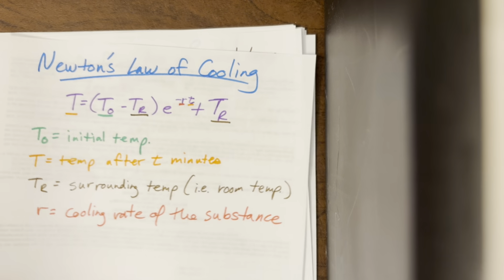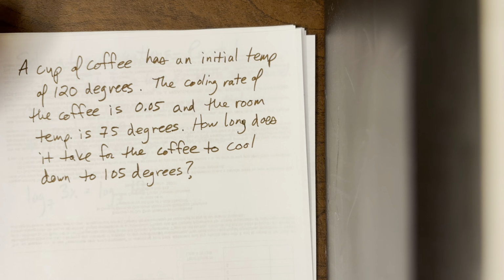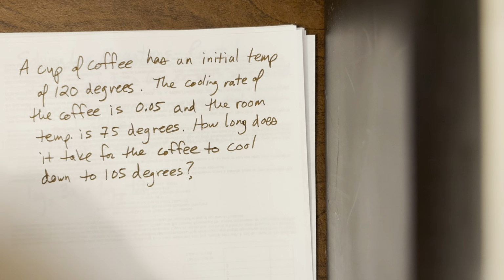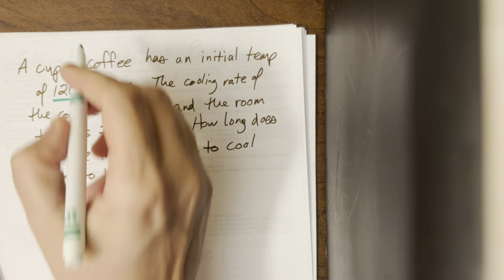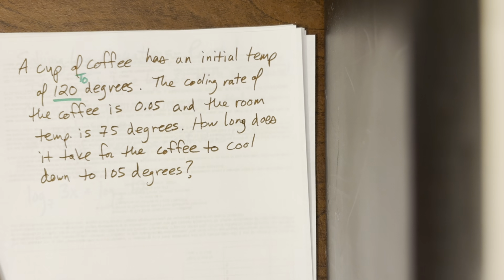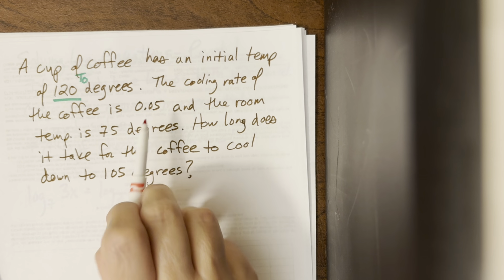Okay, well, let's see if we can apply this and figure out this problem. A cup of coffee has an initial temperature of 120 degrees. All right, so initial temperature. I know then that this is going to be my T sub 0. The cooling rate of the coffee is 0.05.